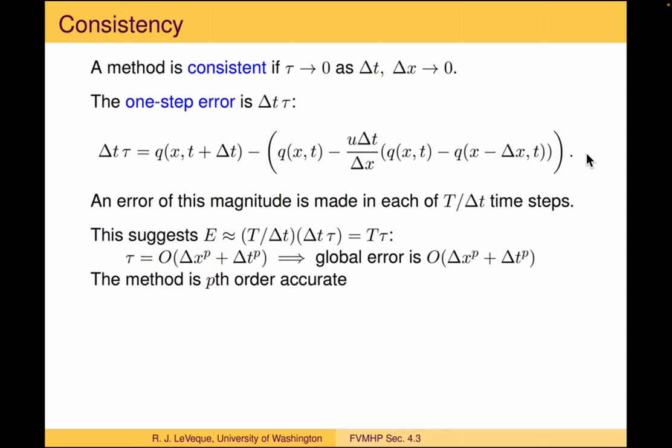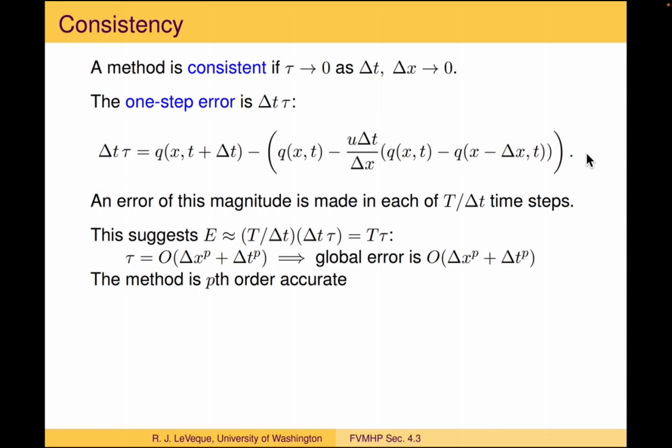When we do the Taylor series expansion, remember the order 1 terms should cancel out, and we should be left with things that are order delta x and delta t that'll go to 0. But you could conceivably have a method where it was consistent, but it went to 0 at a rate even slower than delta t and delta x, like the square root or something. But as long as the local truncation goes to 0 as we refine the grid locally, we call it consistent.